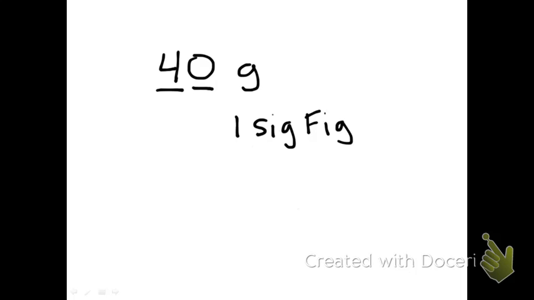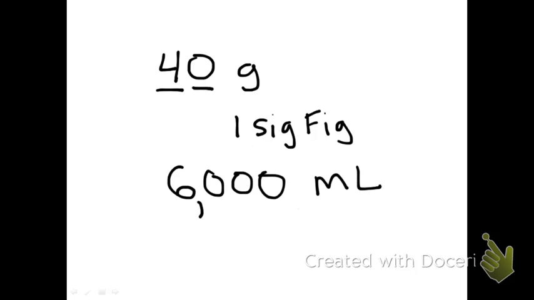Let's take another example. If I have 6,000 milliliters, are the zeros significant? The answer would be no. Why are these zeros not significant? Because there is no decimal point in the number.